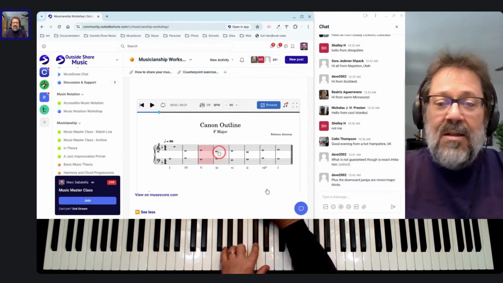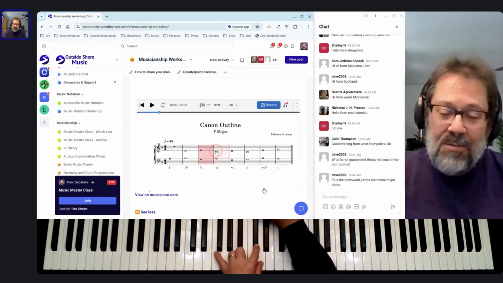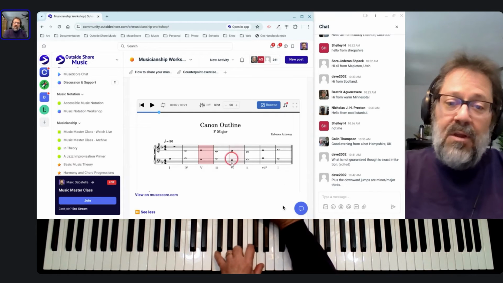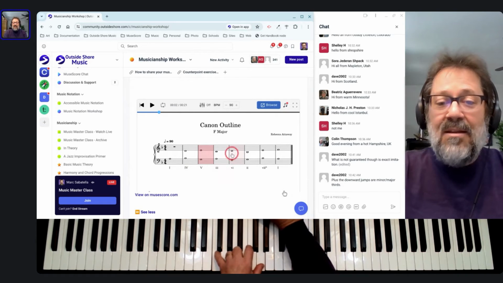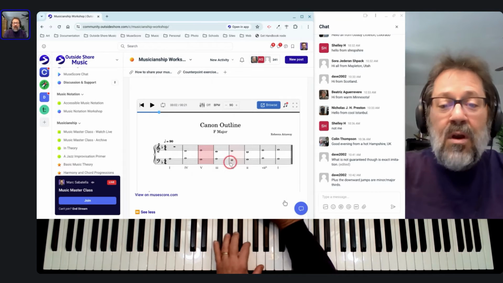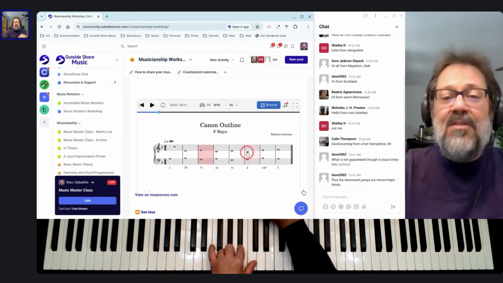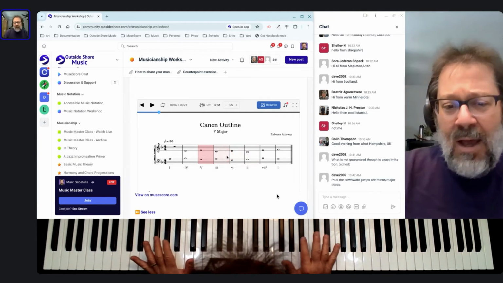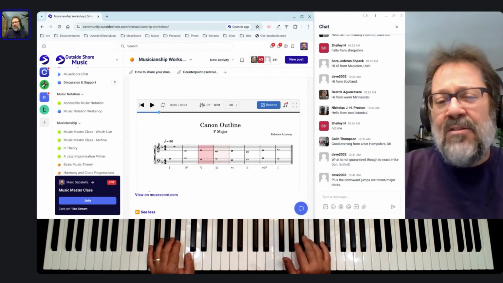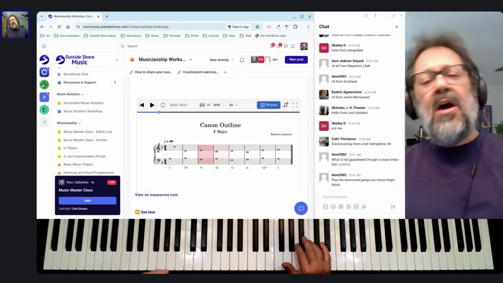For that matter, this could be a C sharp to help tonicize that D minor chord that's following next, right? Or that could be an F sharp there to tonicize this chord. So when you have the outline here, this is the stage at which you can start planning your tonicizations.